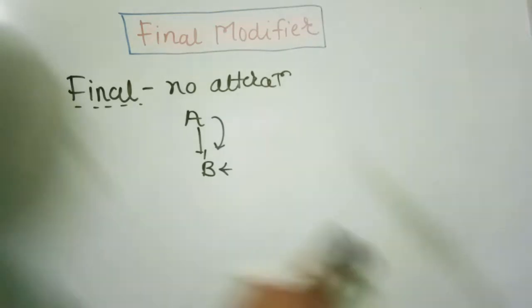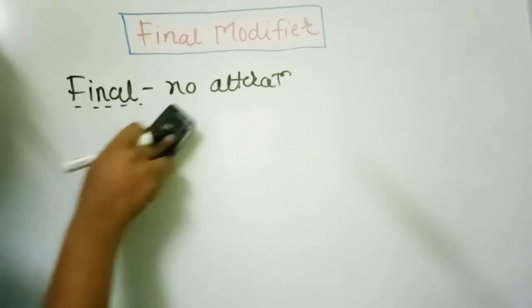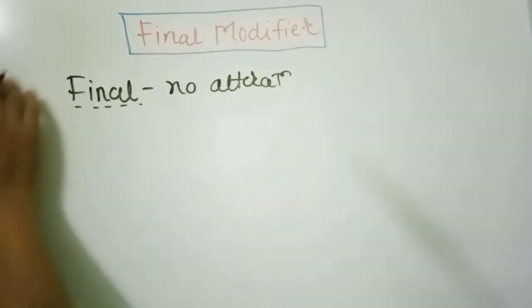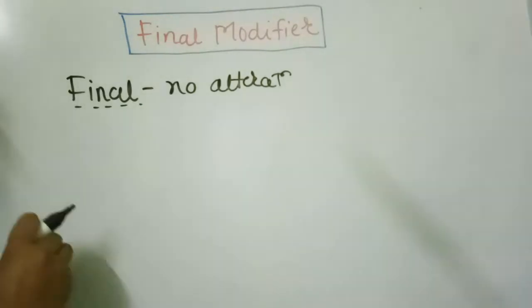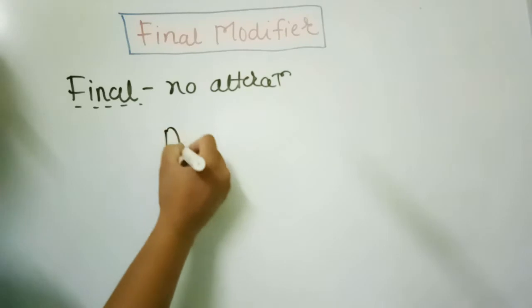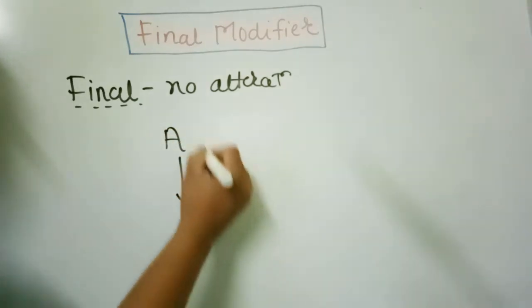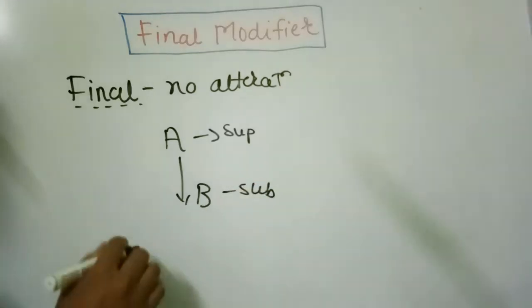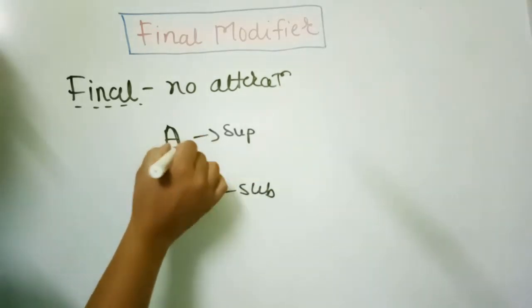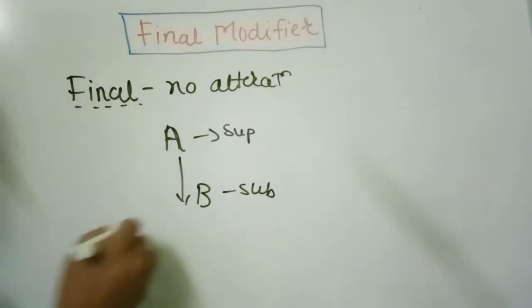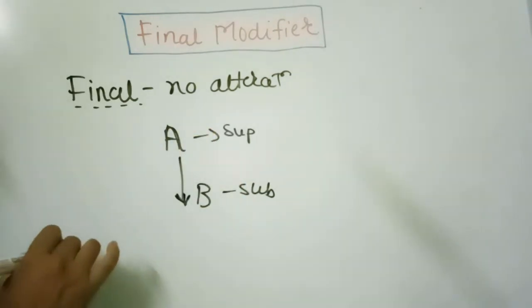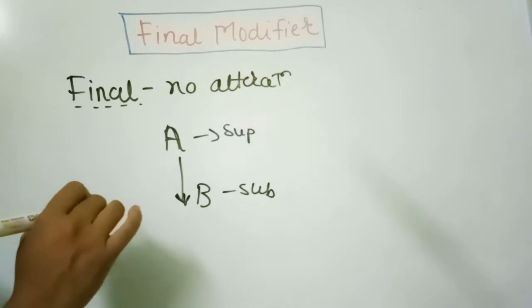Now, it is a right of a subclass to override the variables and methods of the base class. A is a superclass and B is a subclass. By programming laws, it is allowable for a subclass to override the methods and variables of the superclass.